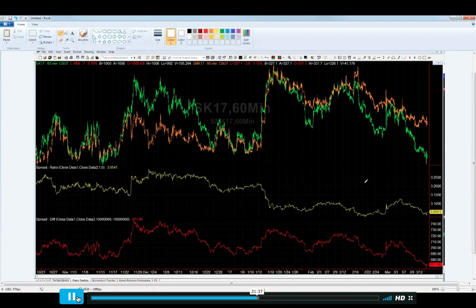In this case, I was looking at spread ratio sitting on top of support here, bouncing off of support. Spread diff was at an extreme. We were at all-time lows. Soybeans had accelerated quite a bit more than soybean meal had. Sold soybean meal, bought soybeans. Like I said, took out 60 per pair in this case.